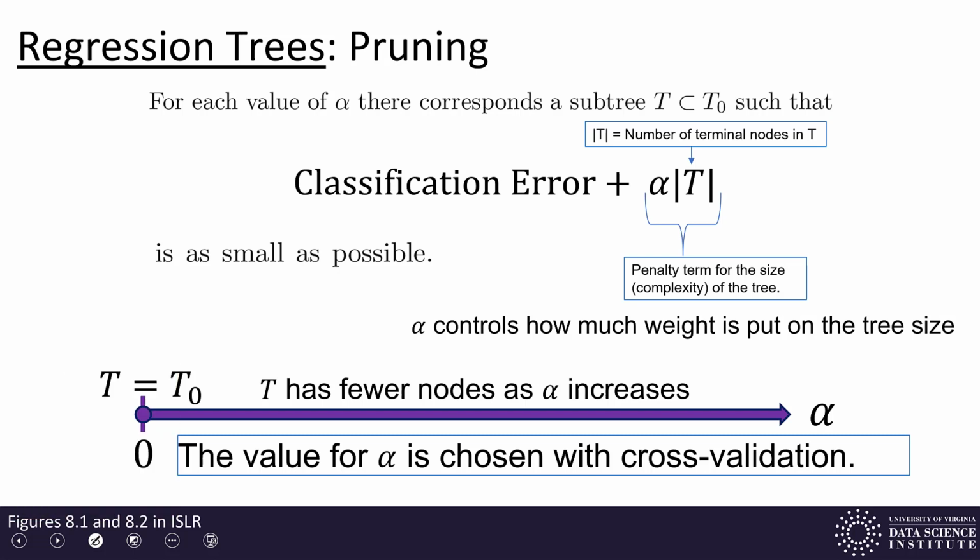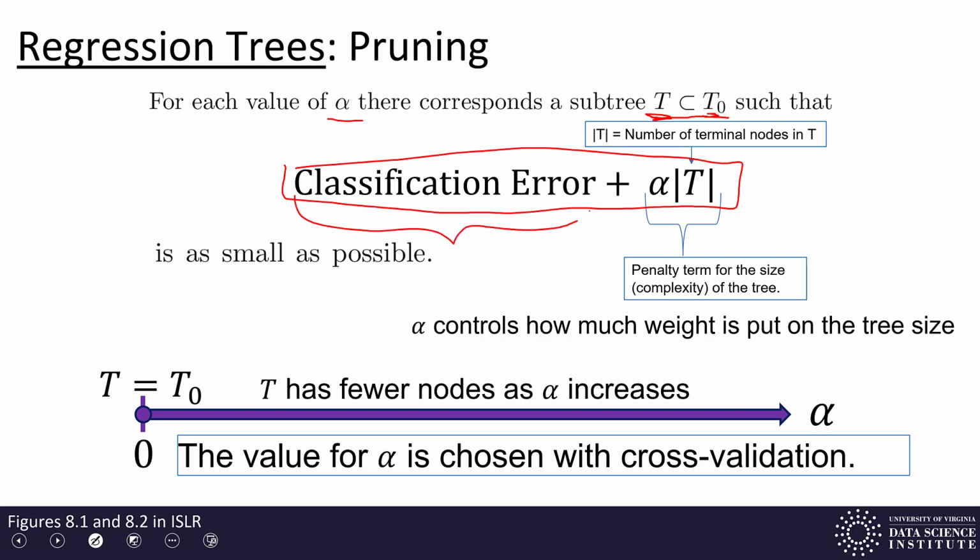So here's what we do. For each value of alpha, alpha is going to be our tuning parameter, there's some subtree T within the main tree. This subtree is created by taking the main tree and removing some of the terminal nodes sequentially, such that this is going to be as small as possible.